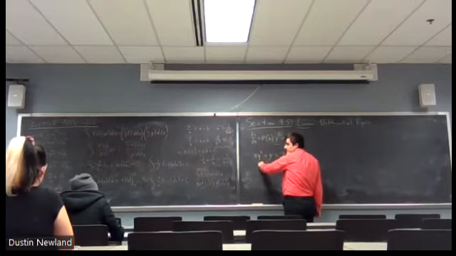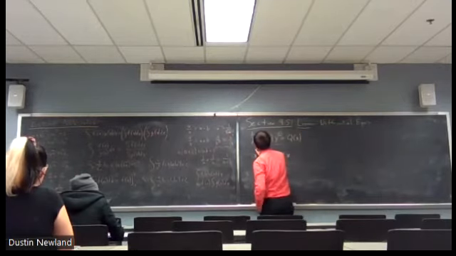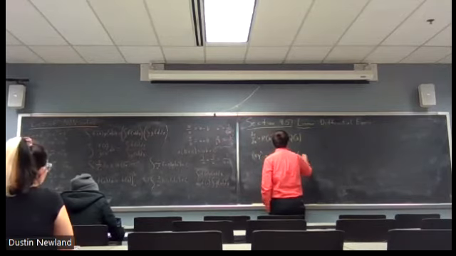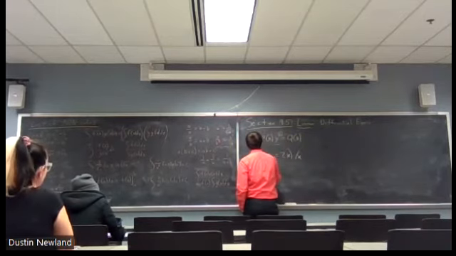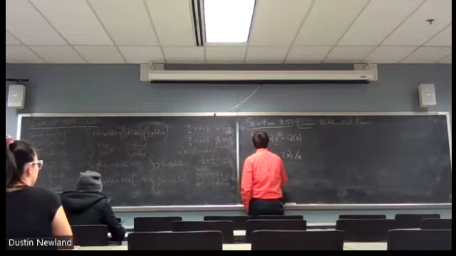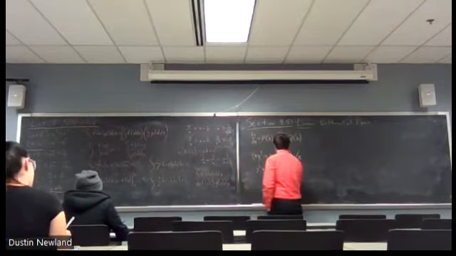So let me simplify this first. I'm going to divide both sides by x, which gives me y prime plus 1 over x times y equals 2.